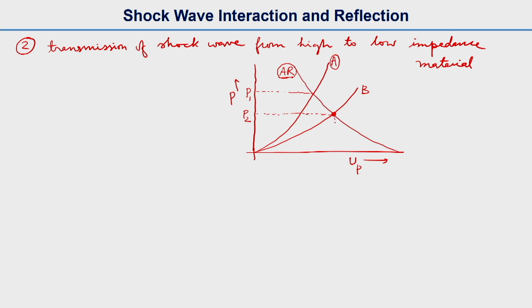And for the particle velocities, we can say this is UP2 and this is UP1.